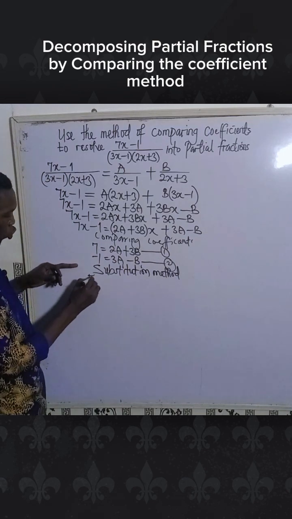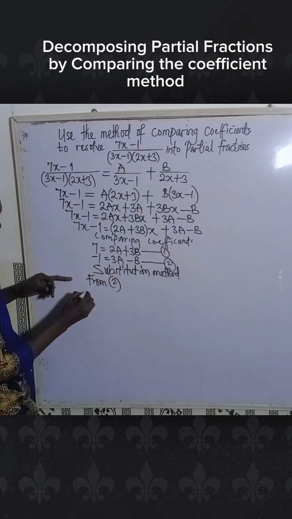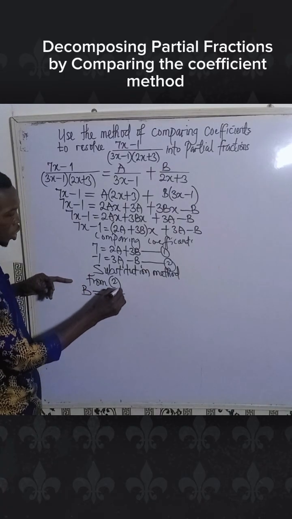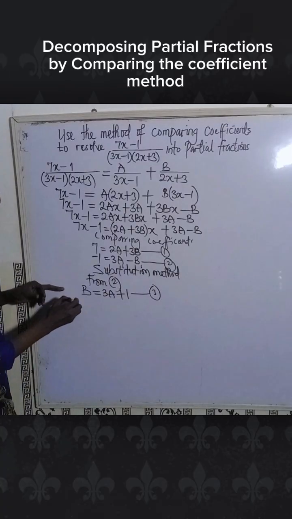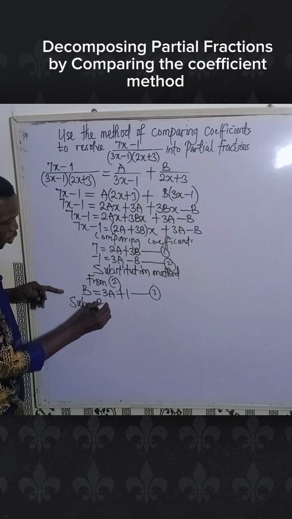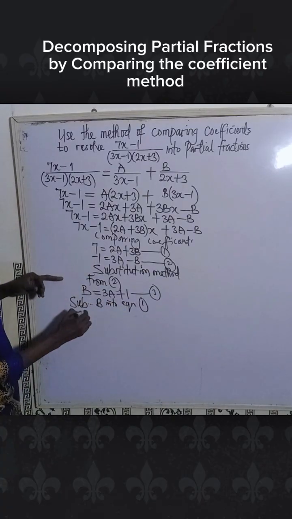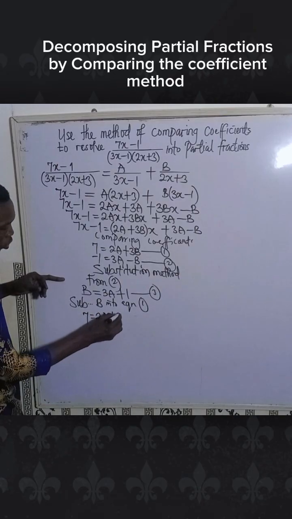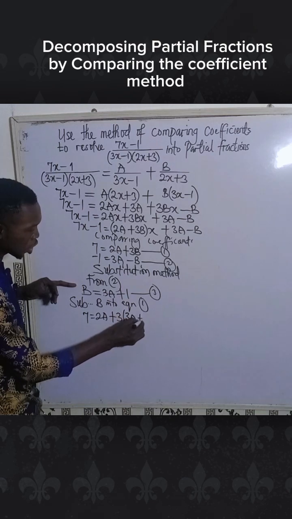From equation 2, you discover that B will be equal to 3A plus 1. You call it equation 3. So I'm going to substitute B into equation 1. Equation 1 is 7 equals 2A plus 3B, but instead of writing B, I'll substitute 3A plus 1.